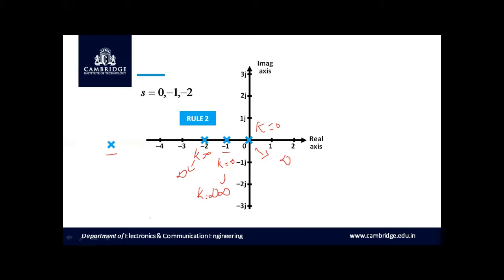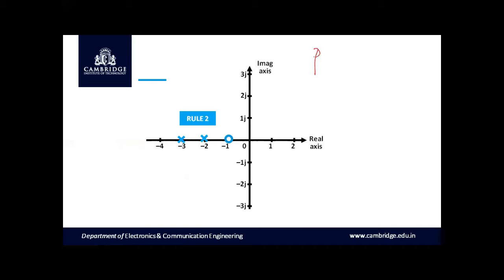Let us take another example. In this example, the number of poles p is equal to 2, and we have one zero at -1. So let us recall the statement for rule 2, in which it starts from open loop poles and it terminates at open loop zeros. As we have one zero to map with, one of the poles will be terminating at the zero.